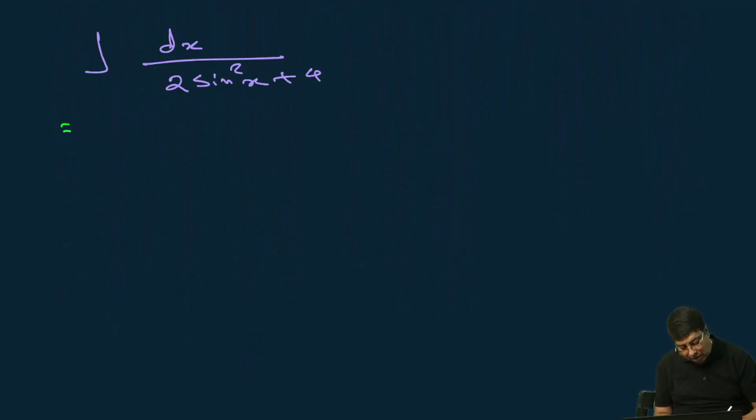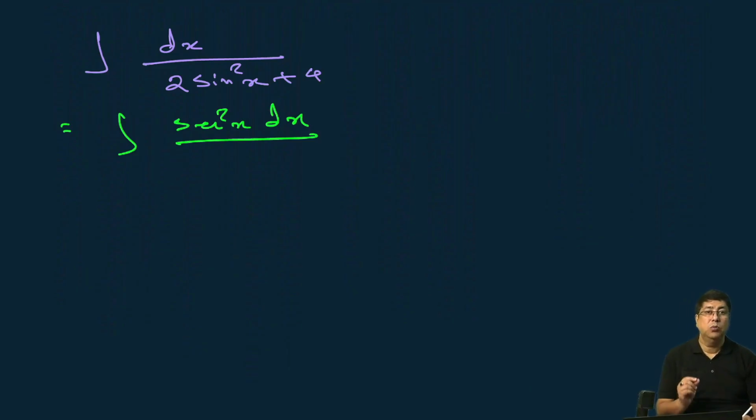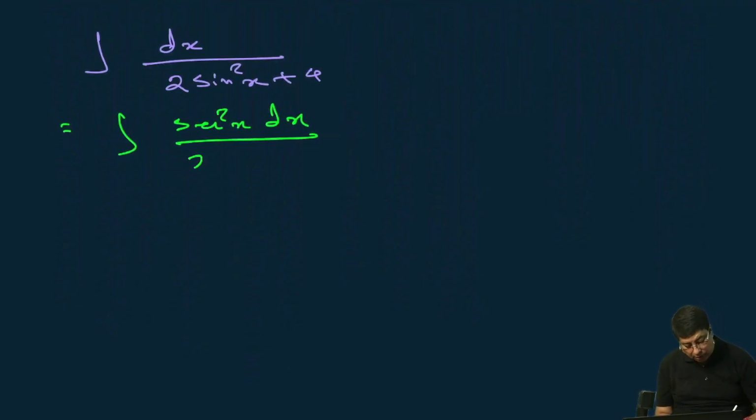We are getting here sec square x, and in the denominator, 2 sin square x sec square x, that is sin square x by cos square x, that is 2 tan square x, 2 tan square x plus 4 sec square x. Sec square x we can write as 1 plus tan square x.